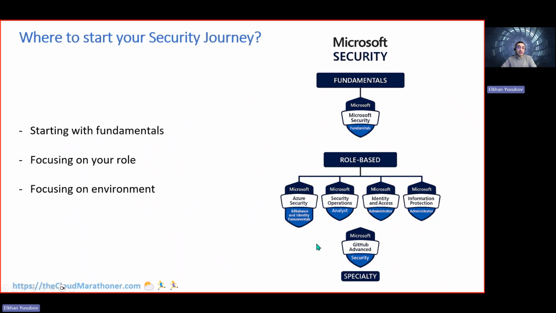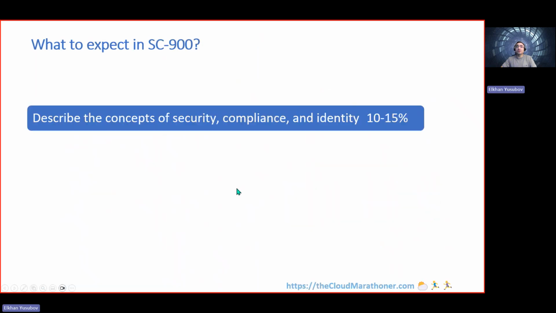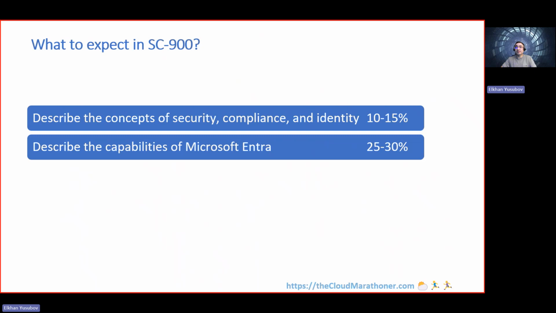Now let's look at some exam objectives of SC-900 that are grouped into the following 4 categories. First, it starts with describing the concepts of security, compliance, and identity, which is close to 10 to 15% of the exam. Then you also have a category that teaches you how to describe and understand the capabilities of Microsoft Entra, which takes another quarter of the exam questions to expect.